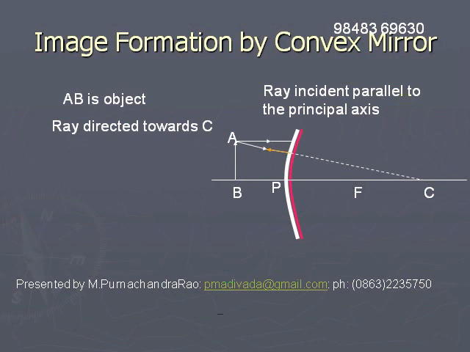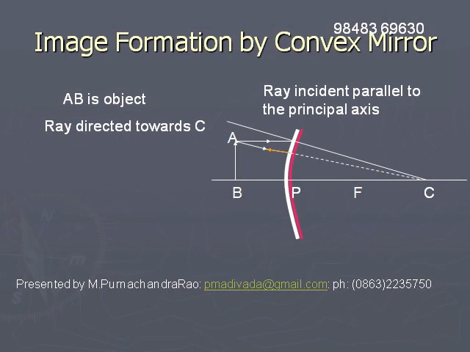It travels along the same line in the opposite direction. When you produce this ray in the backward direction, the dotted line indicates that it meets at the center of curvature C on the principal axis.